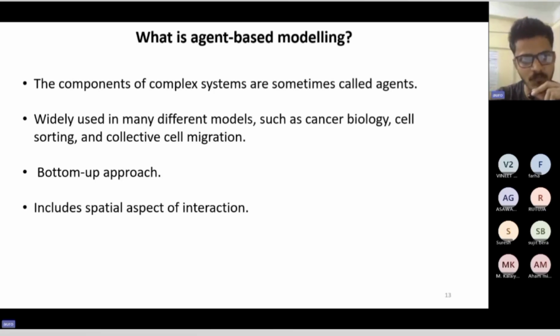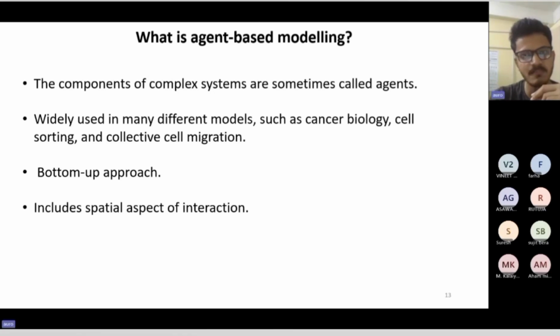Like that, we can assume some rule for how something is happening in biology, and based on that rule we evolve our system: we make the agents interact with each other and see how the system evolves. Then we study where the system is going at different time points, and whether there is any interesting phenomenon or not.